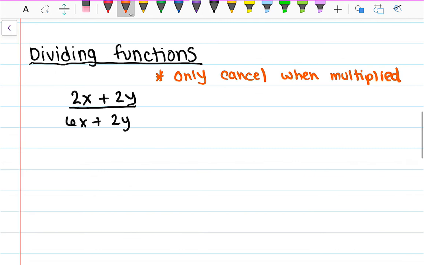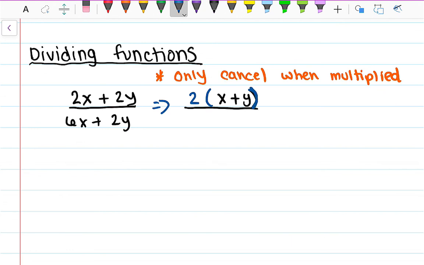So this is what I mean by multiplied. So let's look at 2x plus 2y first. Let's look at the numerator. Is there anything that I can factor out? Well, yes, right? So I can factor out a 2, and on the inside, I'm left with x plus y. Okay, how about on my denominator?